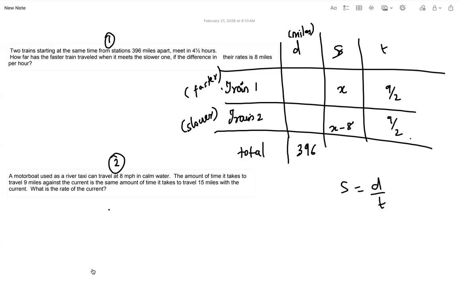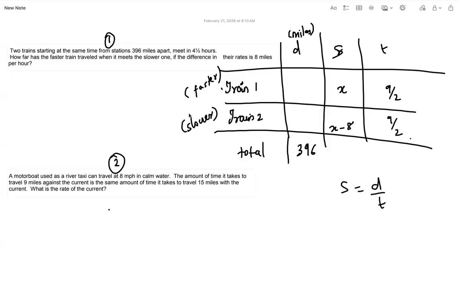Not really, Akshada. What was the equation you framed? I put 2x minus 8 equals 396 divided by 9. I'm not sure if it's right because I still don't really understand it.